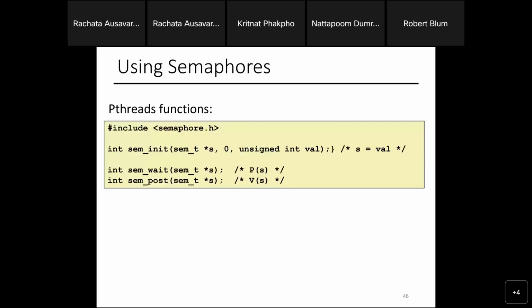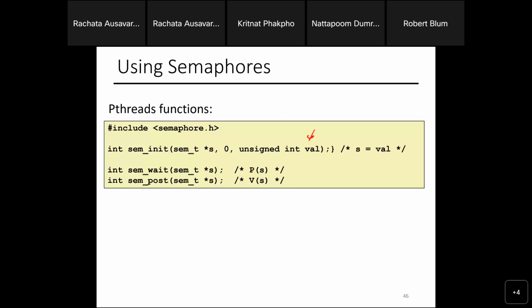And here is how you can use it. You include semaphore.h, and then you call sem_init. P is called sem_wait. V is called sem_post. So you init the semaphore, type sem_t, and you put in a value like 2, 3, 4, 5, depending on what you want to use as the initial value.